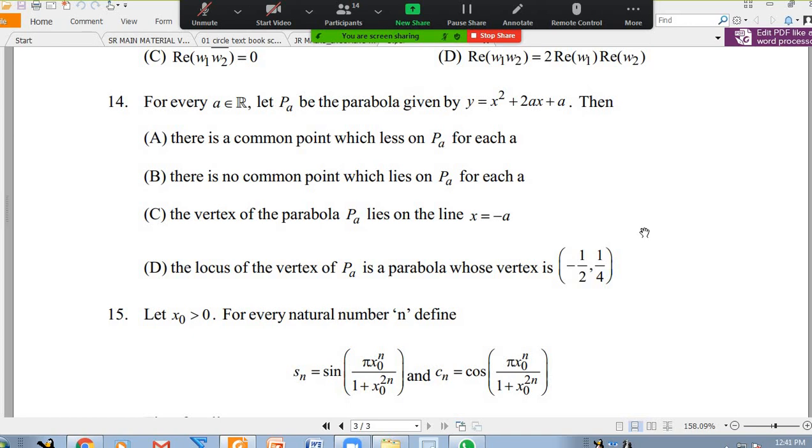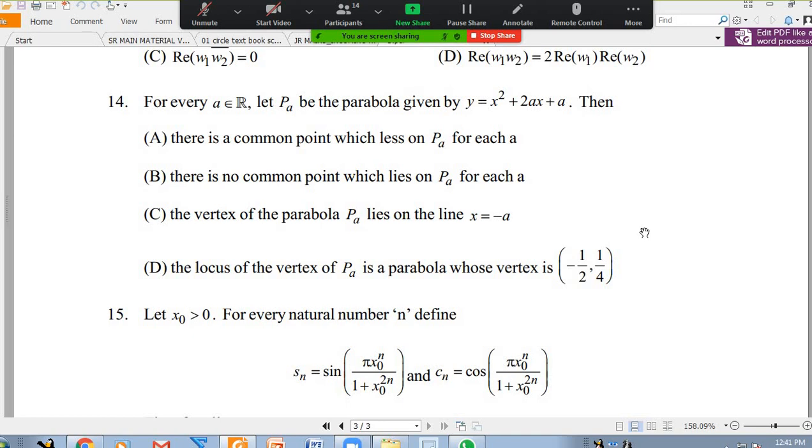The vertex is this. So y is equal to x square plus 2ax plus a.